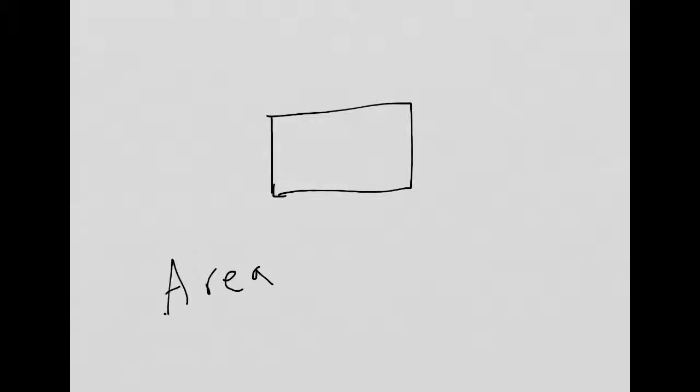And just to bring us back around to what is the absolute takeaway here? What is it that you need to know? Well, when you see a rectangle, to find the area, and the area is the amount of space that the rectangle takes up, all you have to do is multiply the side lengths.